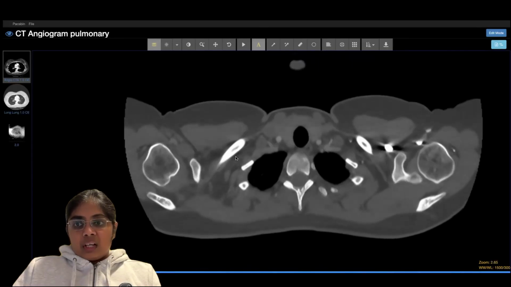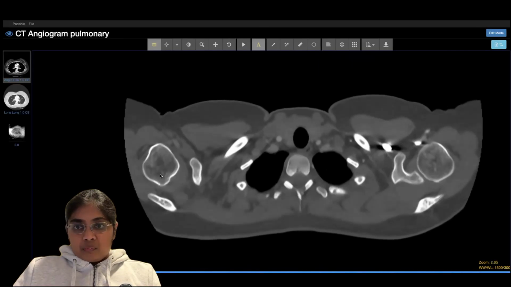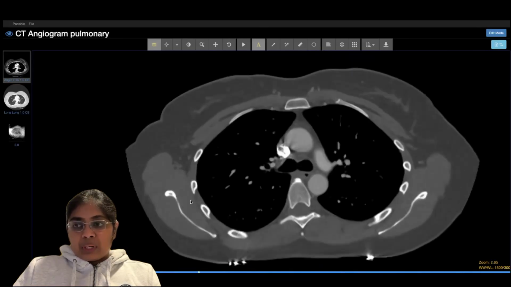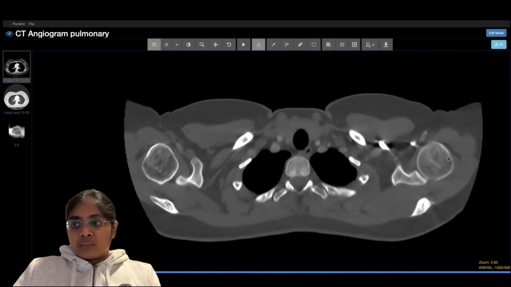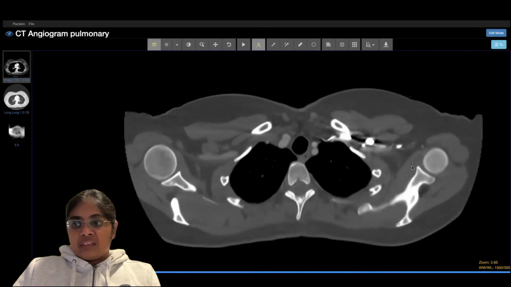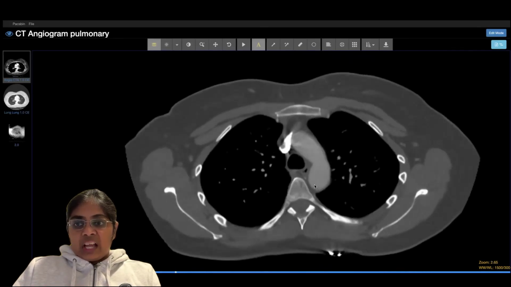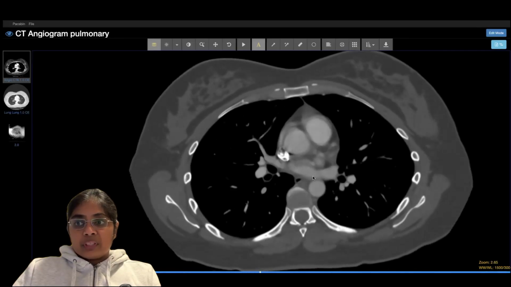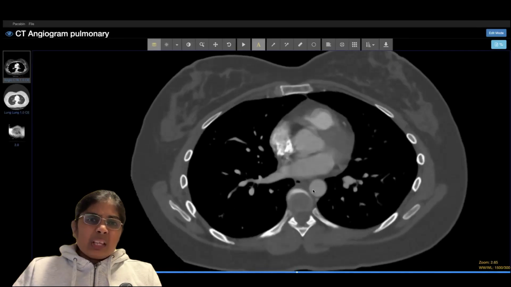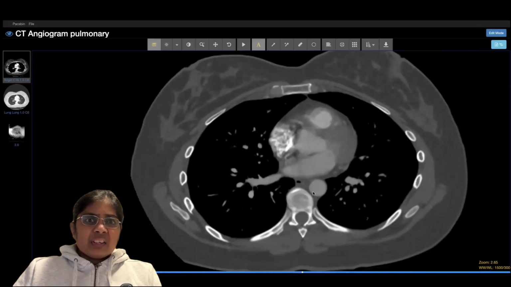So clavicle, proximal humerus, scapula. Then moving on to the clavicle, proximal humerus, and scapula on the other side, looking at the ribs. I find it easier to look at the ribs on one side, evaluate the anterior ribs first, then the posterior ribs, and then go on to the other side.